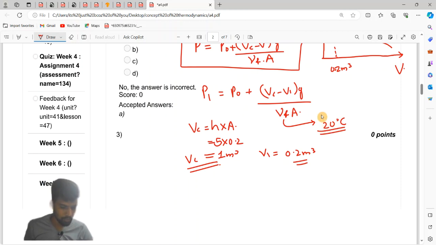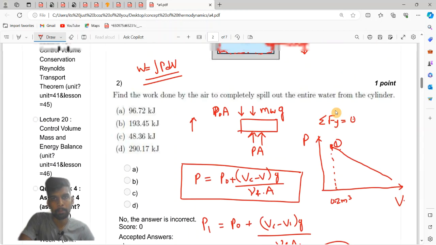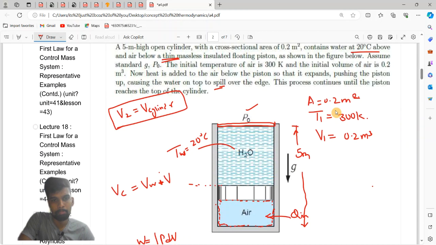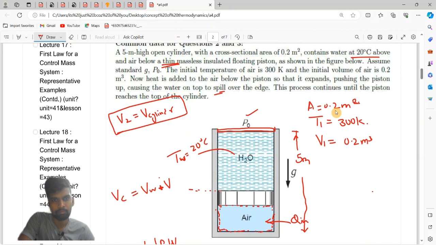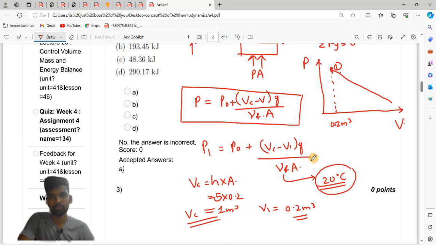Water in the liquid state is in equilibrium with the atmosphere, so it is nothing but a saturated liquid state.